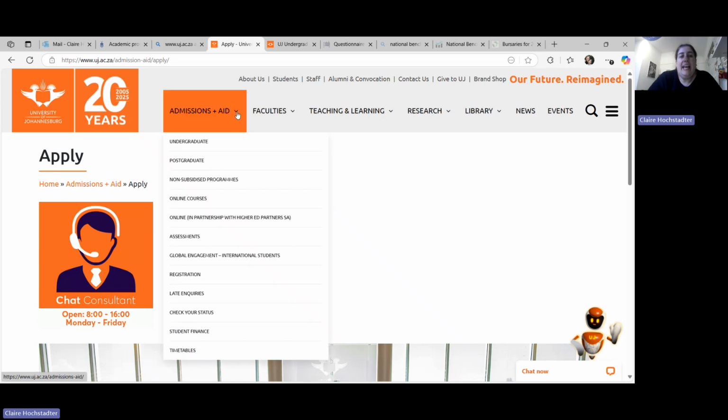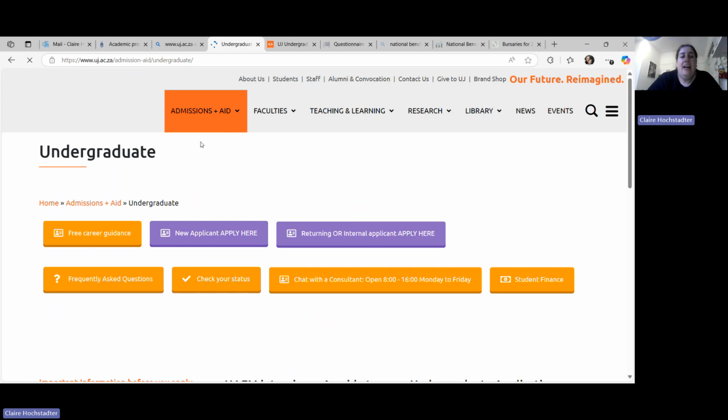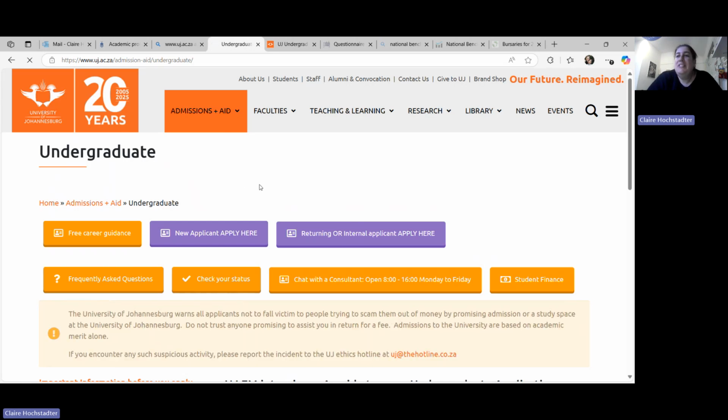So we are going to look at the admissions and aid tab. And where we are going to start is by looking at undergraduate. Okay, again, a reminder that undergraduate is the course, the degree that you do directly from school. Just as I drew your attention to on WITS, they do have an option here for free career guidance.